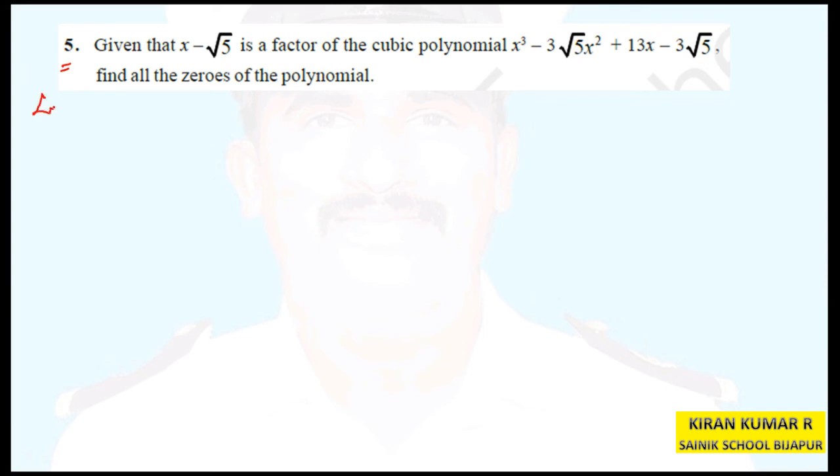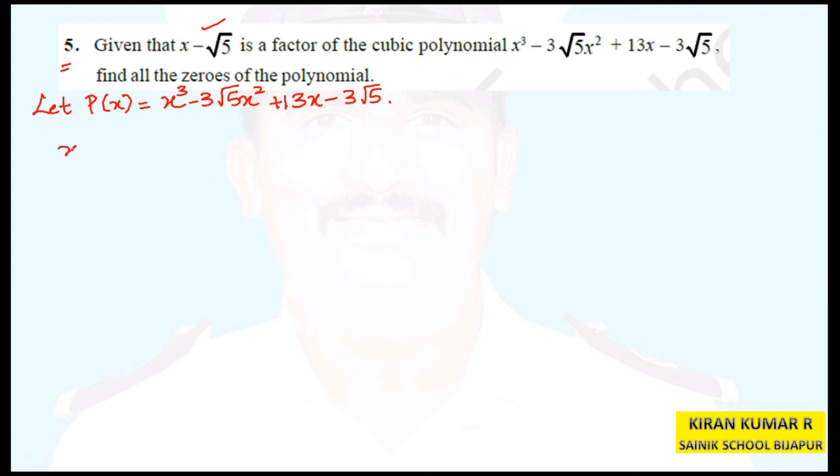Let me consider the given polynomial g of x as x cube minus 3 root 5 x square plus 13x minus 3 root 5. Let me divide this g of x with the given factor x minus root 5.